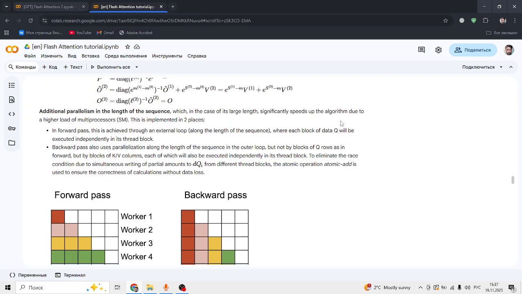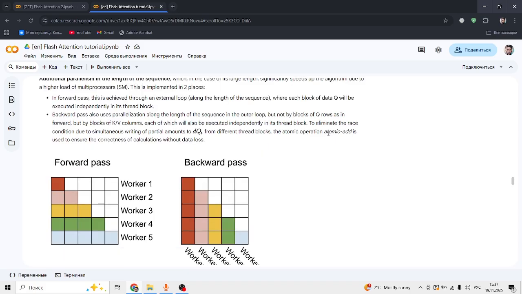So it uses blocks of K and V columns, each of which will be executed independently in this block. Also, to eliminate the race condition, atomic operations like atomic add are used.